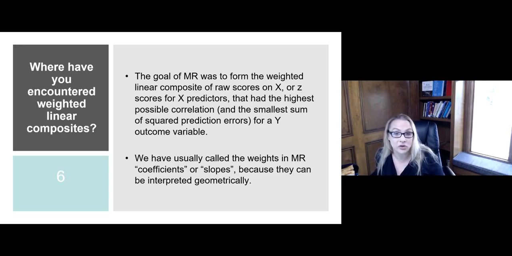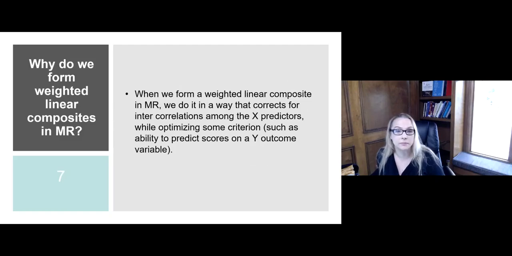So we have all of those weights together, and those become the coefficients or the slopes. This goes more into why we use weighted linear composite in multiple regression. Again, it really is a function of the importance of each of those variables in your final regression equation.